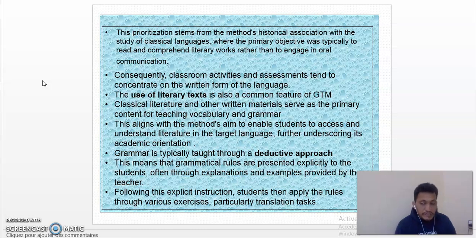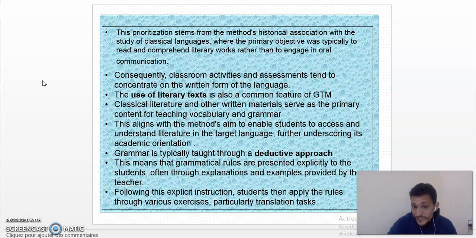Speaking and listening are neglected within this approach, whereas reading and writing are emphasized.